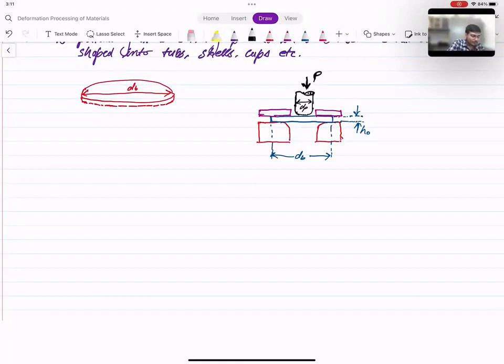And these were the dies, so die. This was the punch. This is the hold down ring or blank holder.